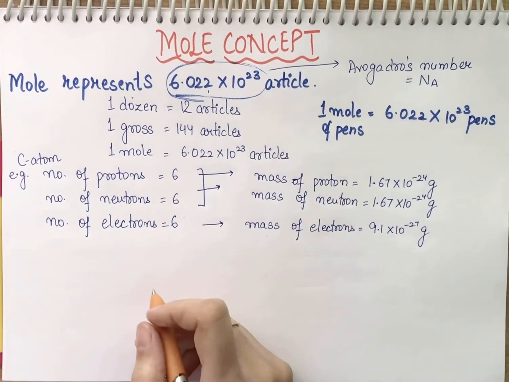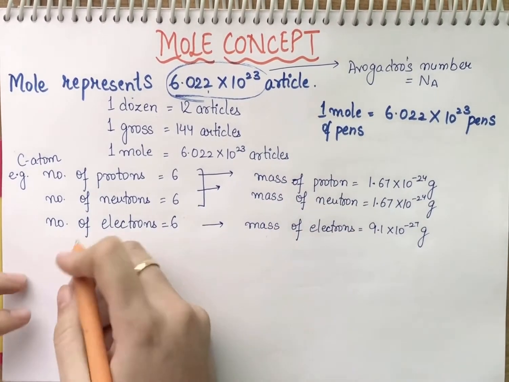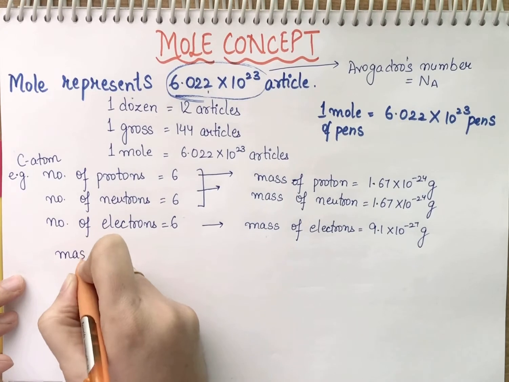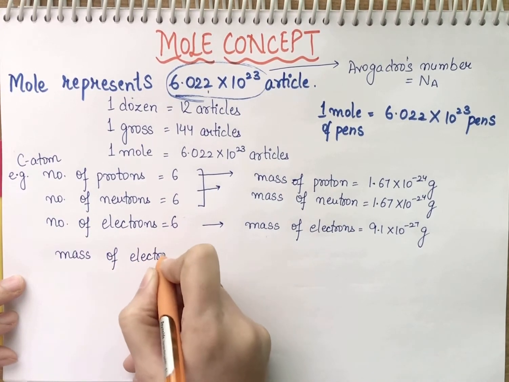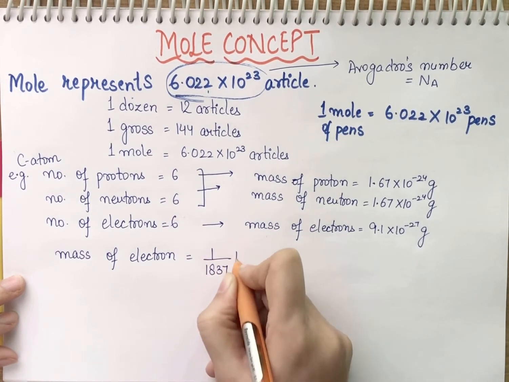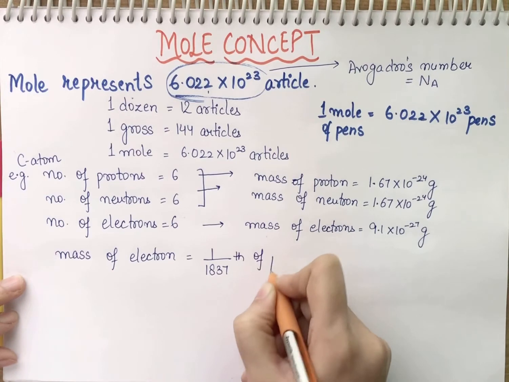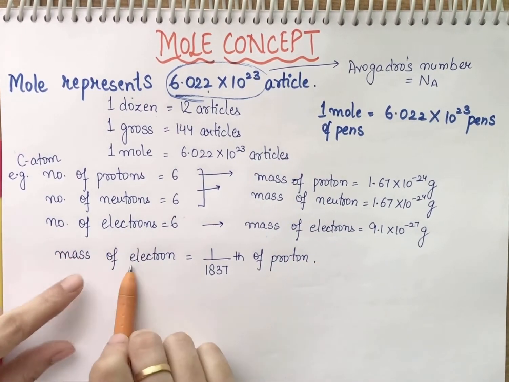If you want to compare the mass of proton and electron, mass of an electron is equal to 1 by 1837th mass of proton. So I can neglect the mass of electron, okay.